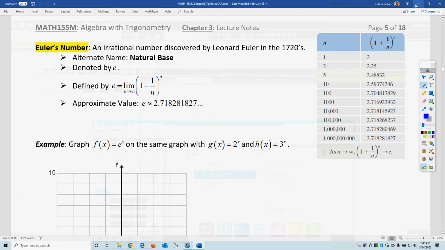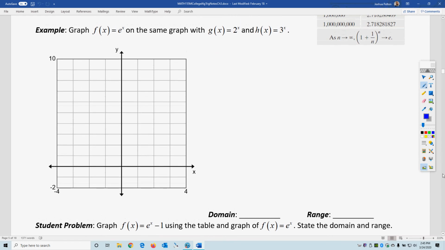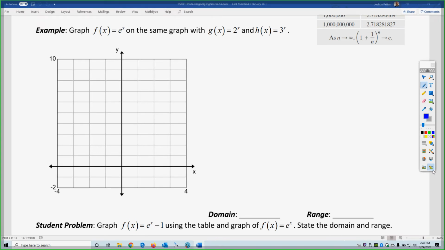Okay, so how does that compare in the graphing? Compare it to what we did in the prior section. I'm going to put an XY table here, and with a big gap in between, put an XY table way over here.